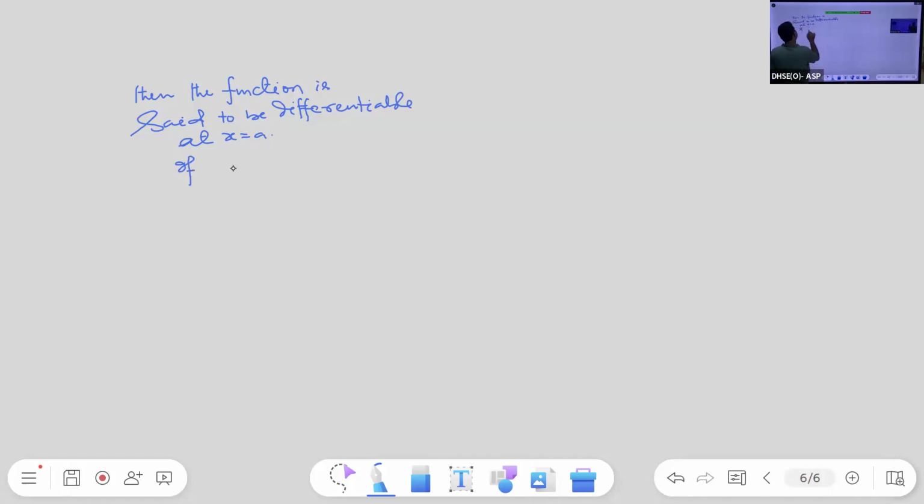That is, limit h tending towards 0 f of a minus h minus f of a upon minus h exists. Okay.